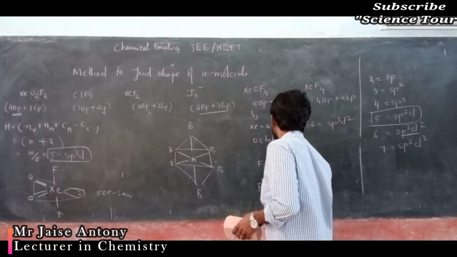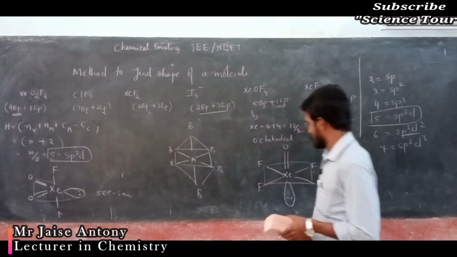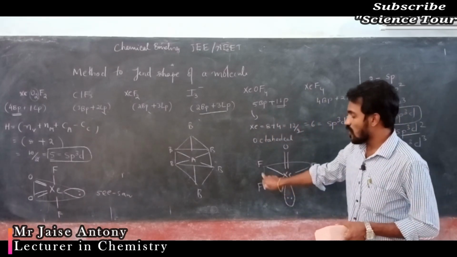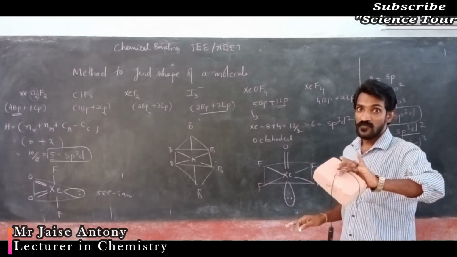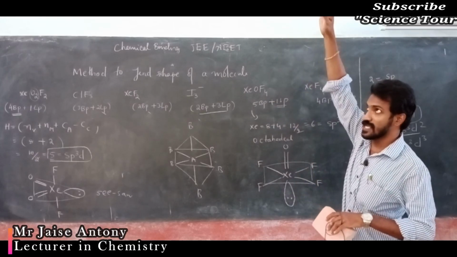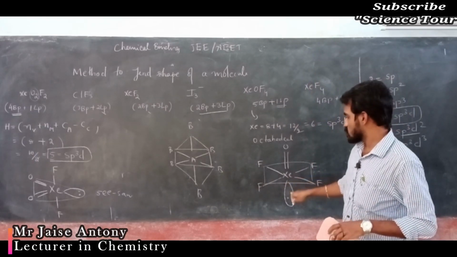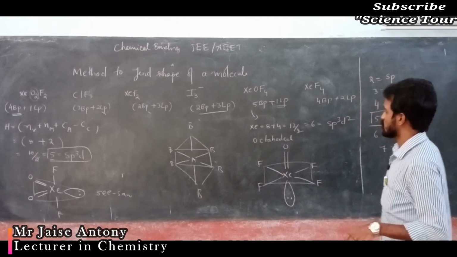And one lone pair here. These all 4 fluoride atoms are in one plane. But the double bonded oxygen is away from the plane, and the lone pair of electrons is below. And this is for homework for you. Note down, my dear students.